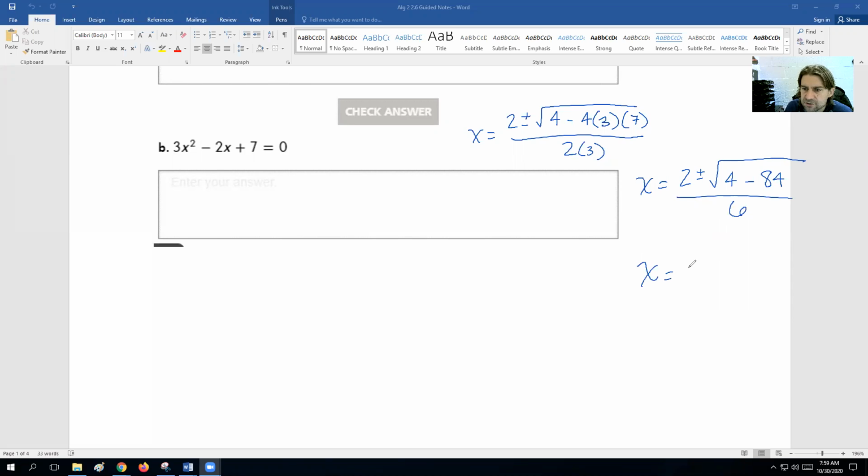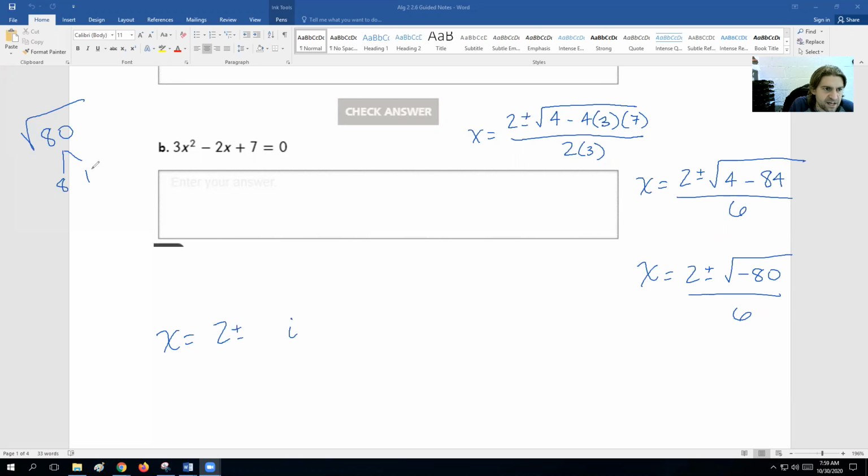So this is x equals 2 plus or minus the square root of negative 80 over 6. So we know we're going to have an i here because it's a negative. We just got to break down 80. That's 8 and 10, 4 and 2, 2 and 5, 2 and 2. So we have one pair of 2s that go outside and another pair of 2s that go outside.